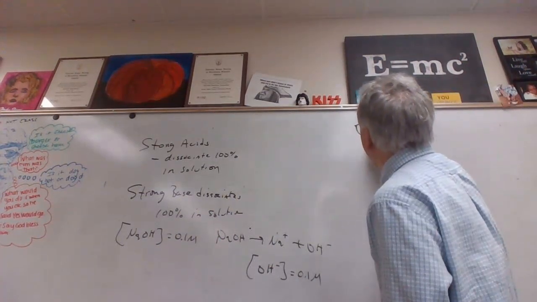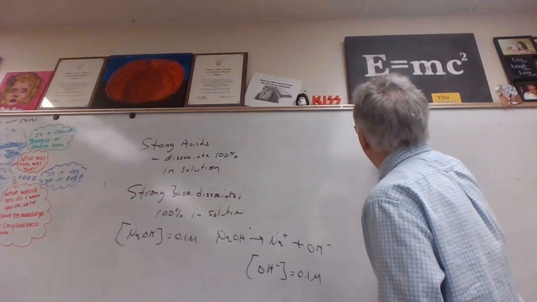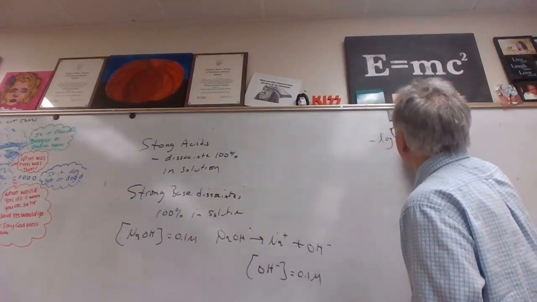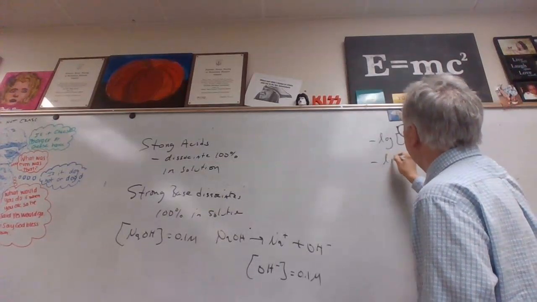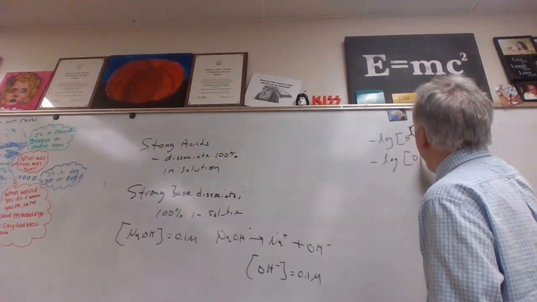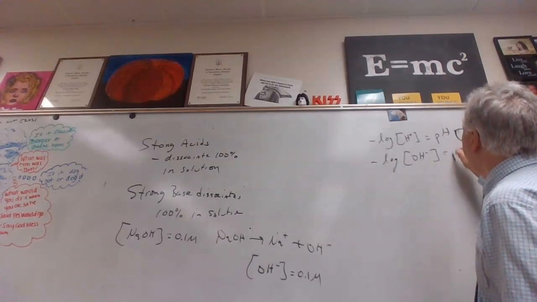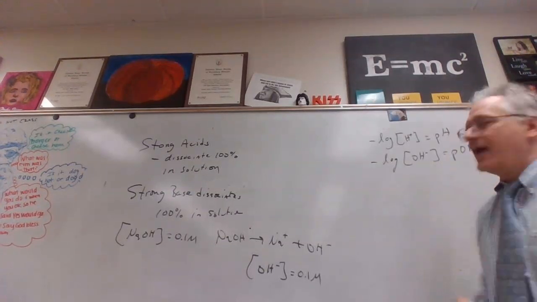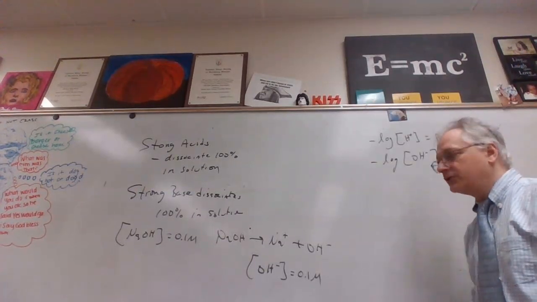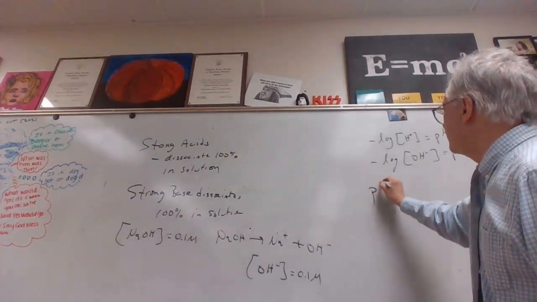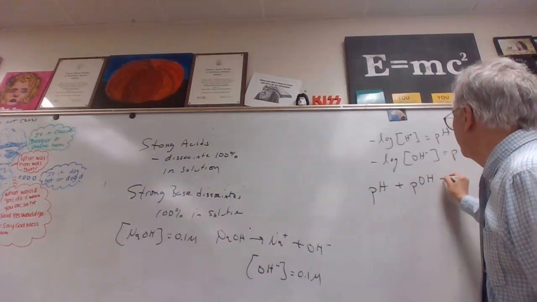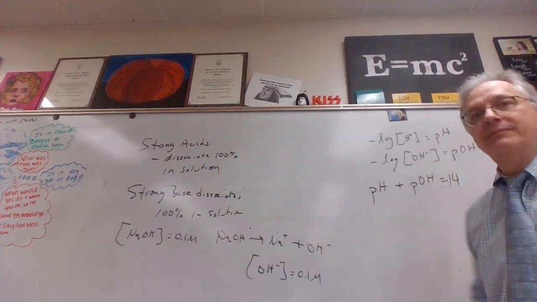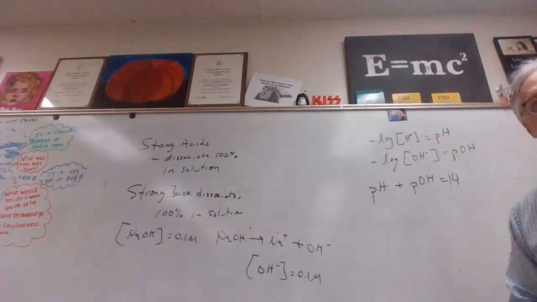Okay, so we have the negative log of the concentration of hydrogen ions is pH, and I told you the negative log of the concentration of hydroxide ions is pOH. And there's a very interesting relationship that you should know. Whatever my pH value is plus my pOH value, they have to add up to 14.